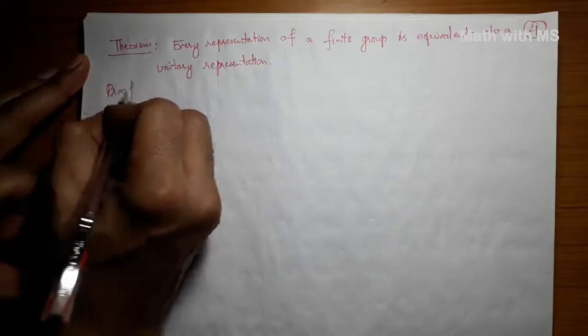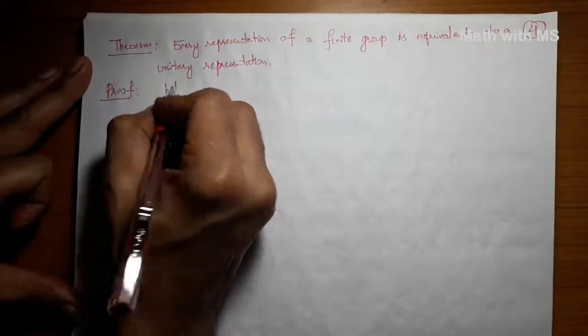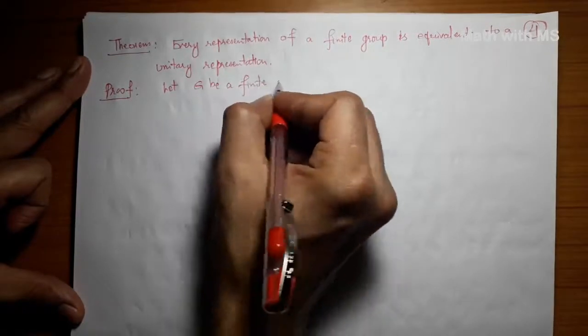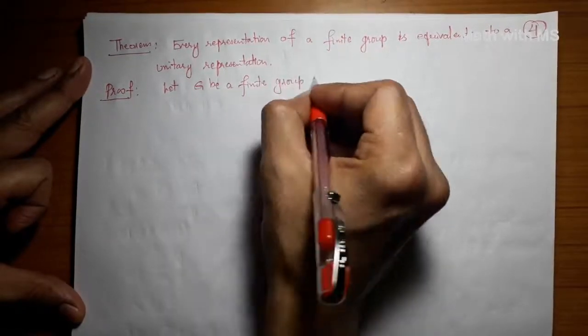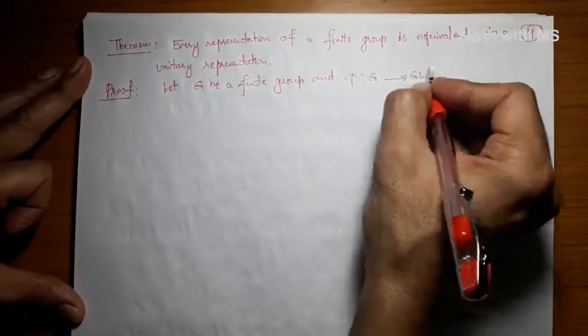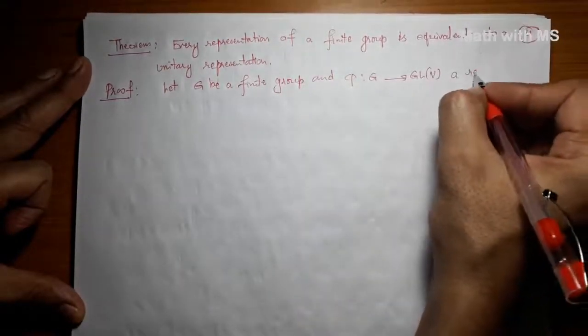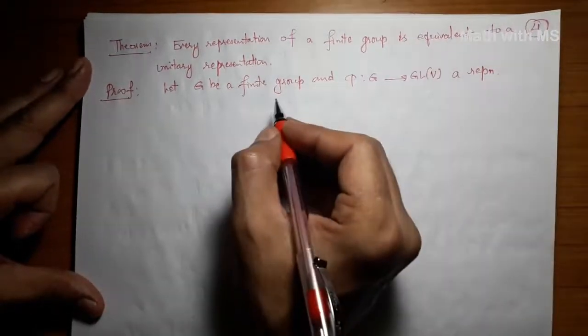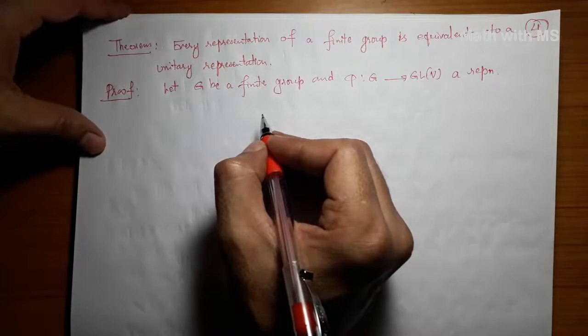Proof. Okay, so let G be a finite group and phi from G to GL(V) a finite dimensional complex representation. So my claim is that it is equivalent to a unitary representation.